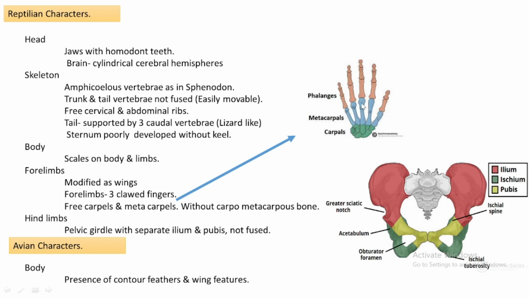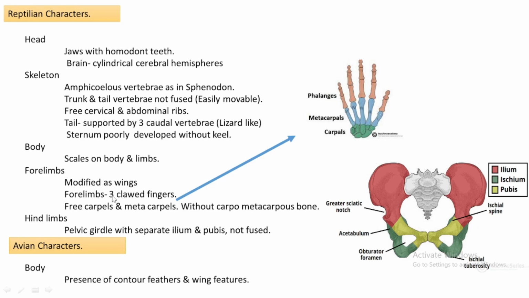The picture shown here is not of that Archaeopteryx. Just shown here only to see the position of carpals and metacarpals. Don't misunderstand that. As it is mentioned here as only 3 fingers, then how came this many fingers here? Don't think like that. This is not the fingers of that Archaeopteryx.